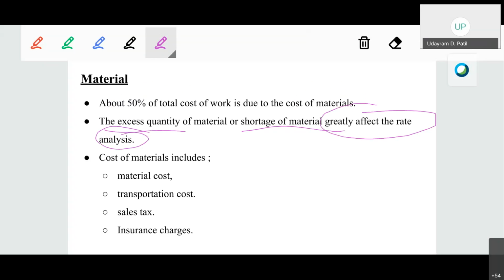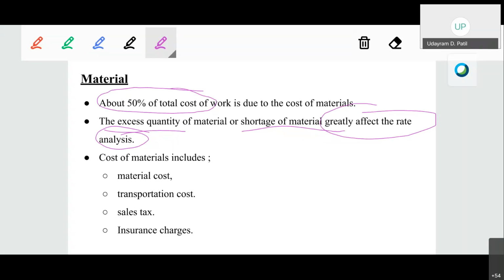If you take a much higher quantity or a much lower quantity, that will affect the rate analysis to a greater extent, because about 50% of the total cost is due to the materials. So even a few percent of increase or decrease will greatly affect the unit cost of that item of the work.